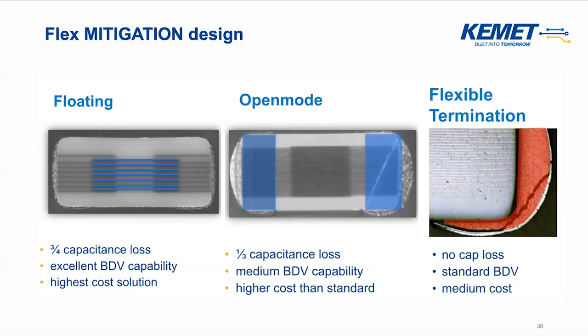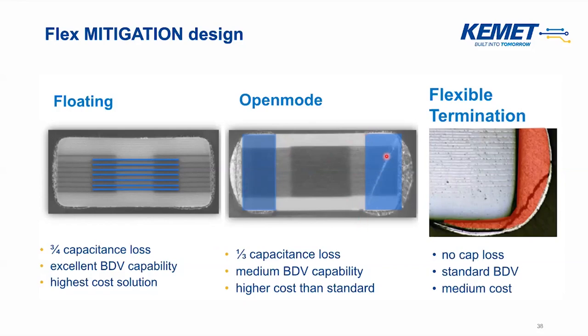then you define the active area, and the active area means this dark rectangle here. That's where the electrodes overlap. If you put the overlap outside this blue range, that is what's called open mode. Why does it help? Because the crack always starts here, when you put force from the bottom and here from the top.